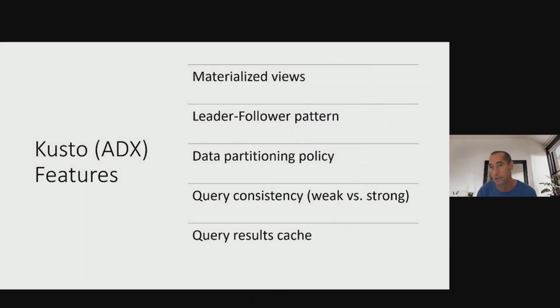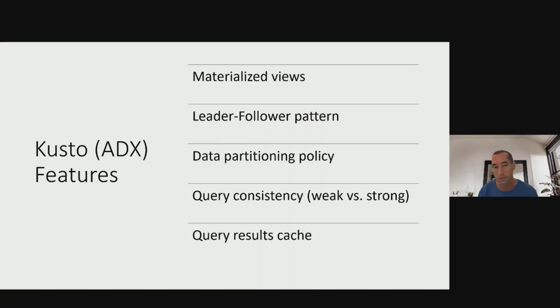The first feature is materialized views. And then we have the leader and follower pattern. I'm going to talk about data partitioning policy, query consistency, and query results cache. I'm going to drill next on each of those features and tell you more about them and how they can help build such a solution that accommodates this traffic.